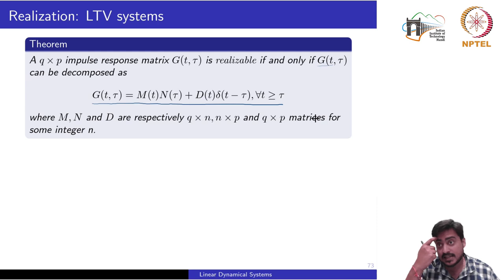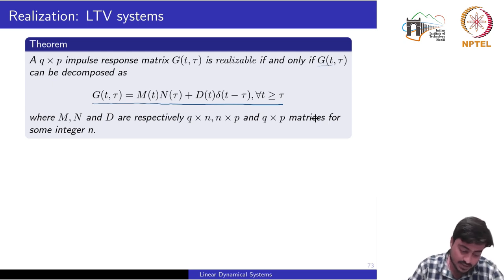Now this result says that for any transfer function matrix, or the impulse response matrix, I cannot use the word transfer function because for the LTV systems we don't have transfer functions. So for a given impulse response matrix G(t, tau), we say that there exist ABCD matrices if the given response matrix can be decomposed into this part.